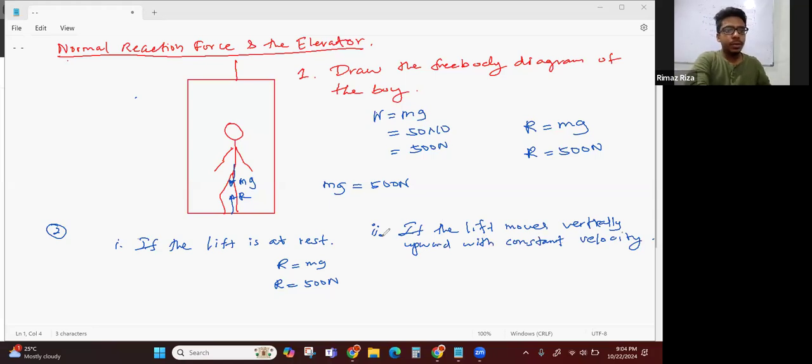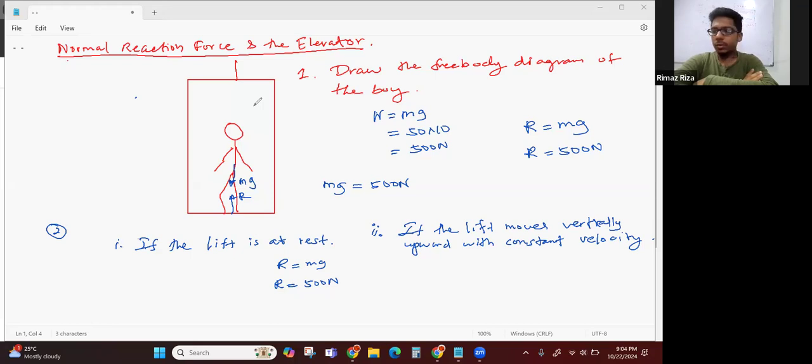What is the value of the normal reaction force when the lift moves vertically upward with a constant velocity? The same value as the weight.